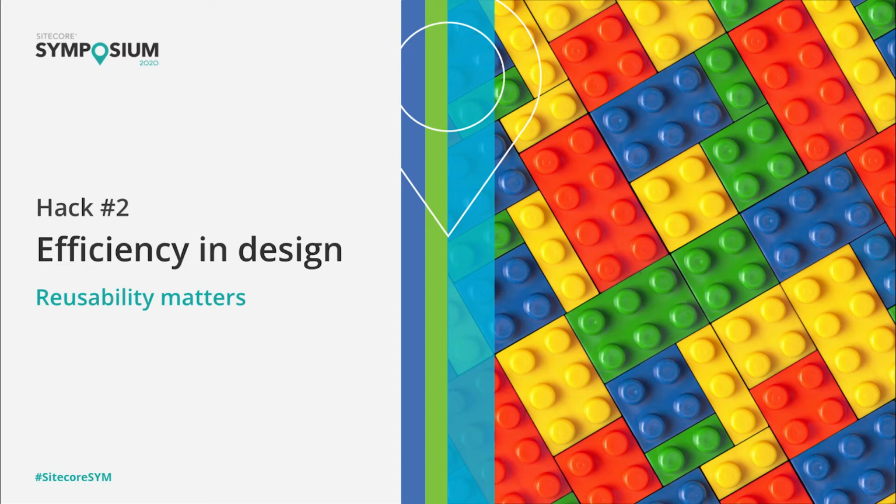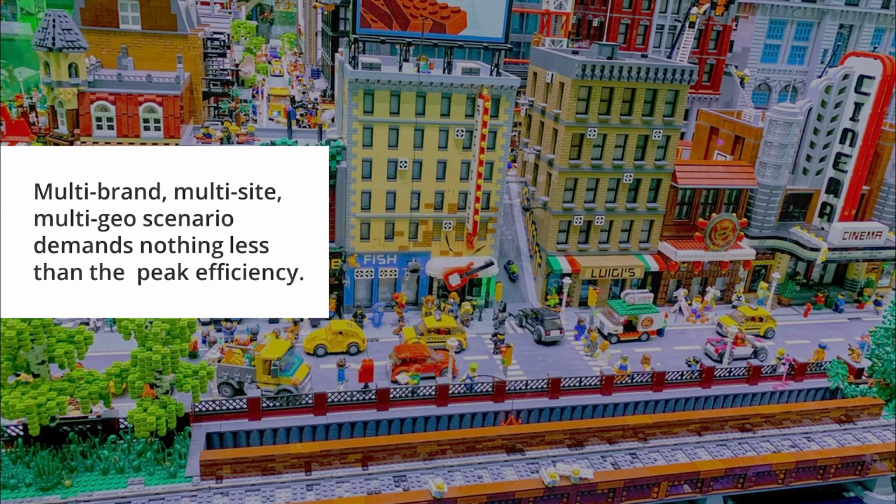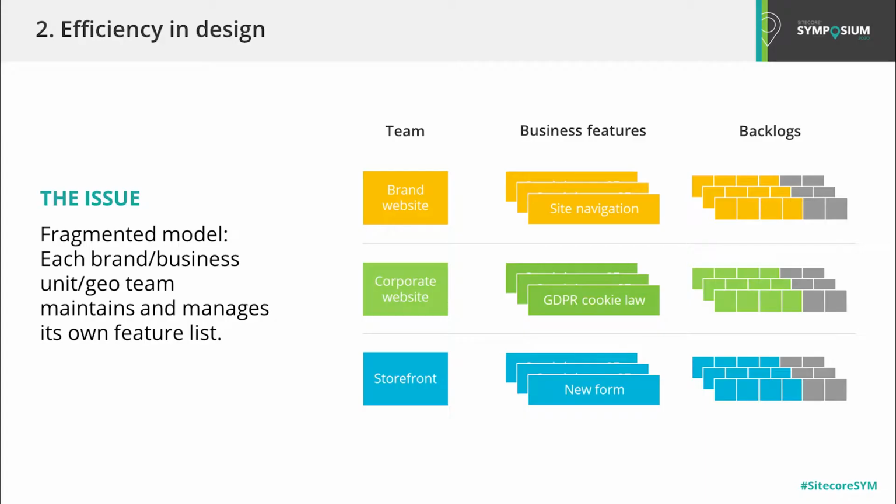Reusability is a key factor in bringing efficiency in your design process. For complex and large volume scenarios such as multi-site, multi-geo, multi-brand environment, bringing reusability and efficiency is not just an option, but a necessity. The issue in such scenario is the fragmented delivery model where each brand or GEO manages its own feature list, adding to disparate backlogs.